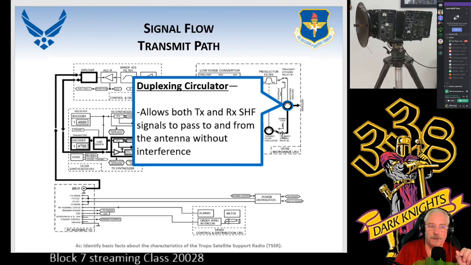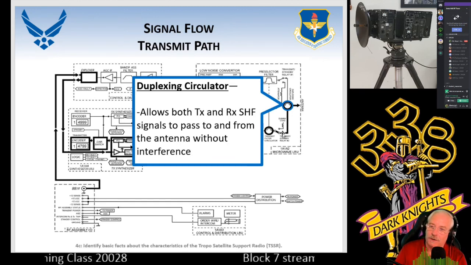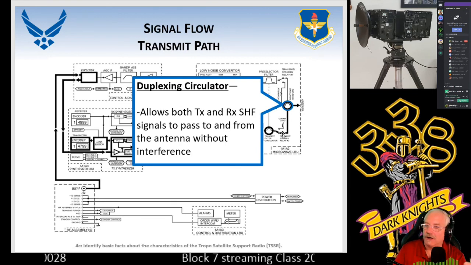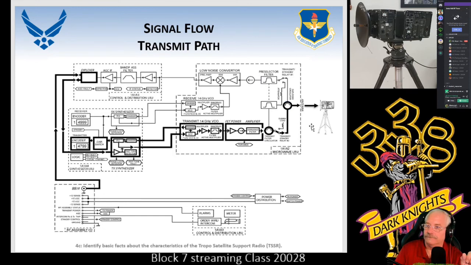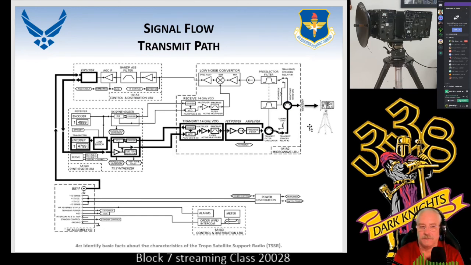We're going to come up into another circulator, which this one is always active in all three ports. Remember I said earlier that one's going to be an output, the other one's going to be an input, but there is one that's going to have both. In our case, it's going to let the transmit go through and go out the antenna. And that is basically, in a nutshell, everything in the transmit path.